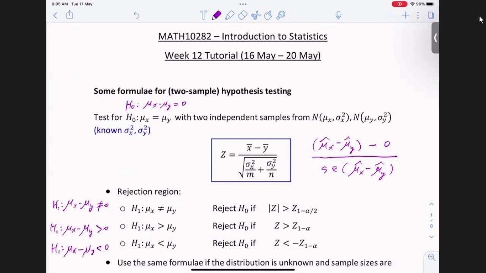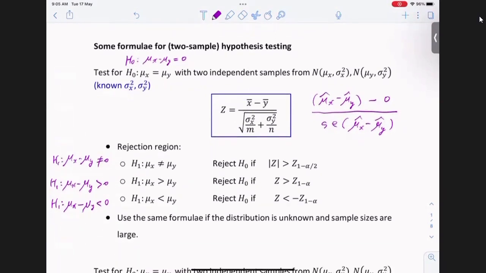Then we have this rejection region. The rejection region here is quite similar to the one-sample case. And in case you are not told that the population is normally distributed, the distribution is unknown, but when the sample sizes are large enough, we can still do some approximation and use the same method, same formula, same test procedure, same rejection region to do the test. And this is the case when the population variances are provided.